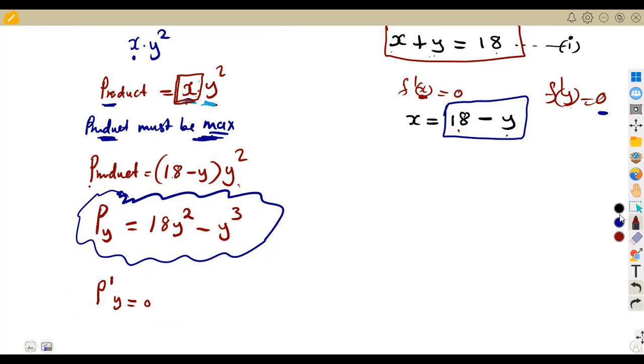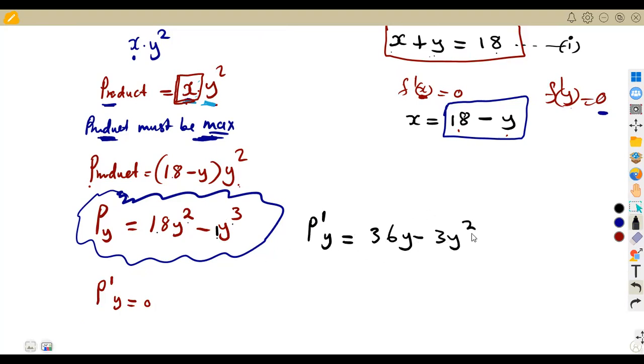So let us determine the derivative of the product in terms of Y. The derivative of the product in terms of Y is going to give us what? We are going to obtain 36y, and 3 times 1, that is going to be minus 3y squared. All right.